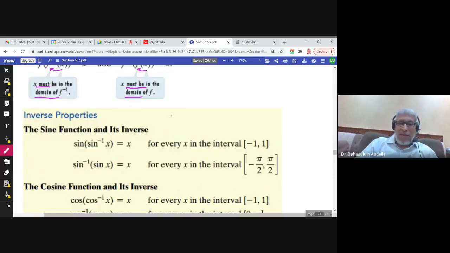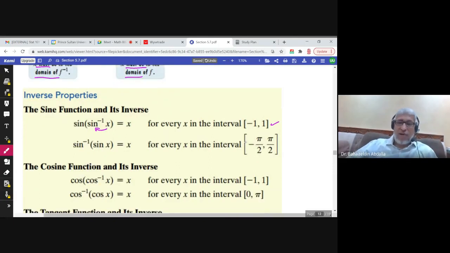So when you say sine of sine inverse of x equals x, you have to understand that x here must be in the domain of sine inverse. And the domain of sine inverse is the range of sine, which is from negative 1 to 1. So this formula only works if x is between negative 1 and 1.